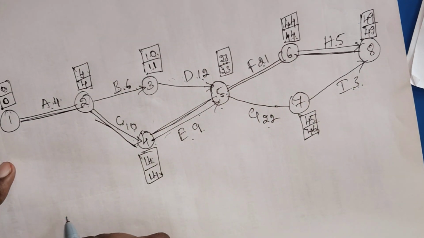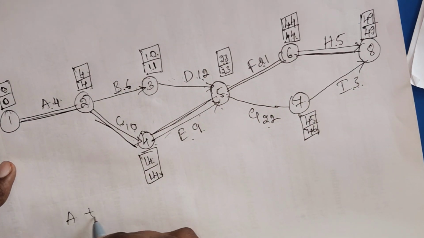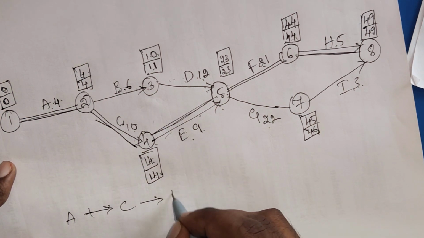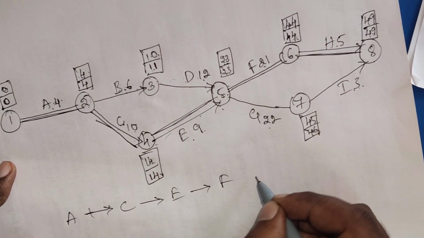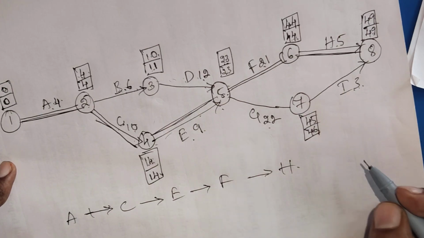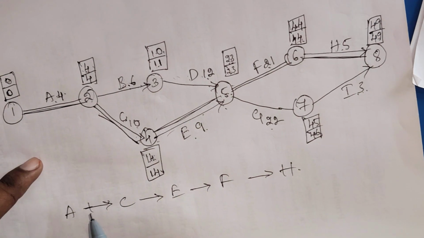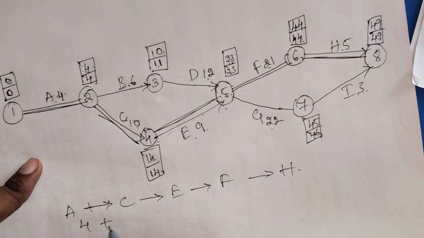So the critical path activities are A, C, E, F, H. Done. A's expected duration is 4.